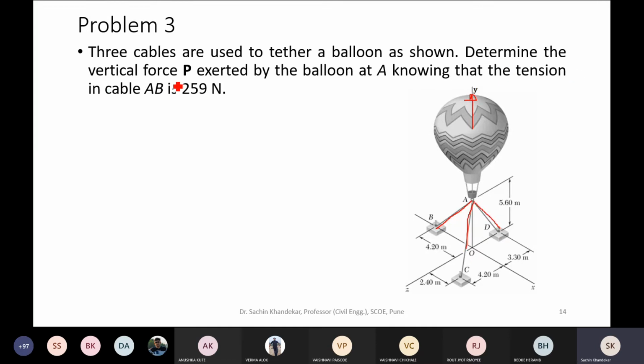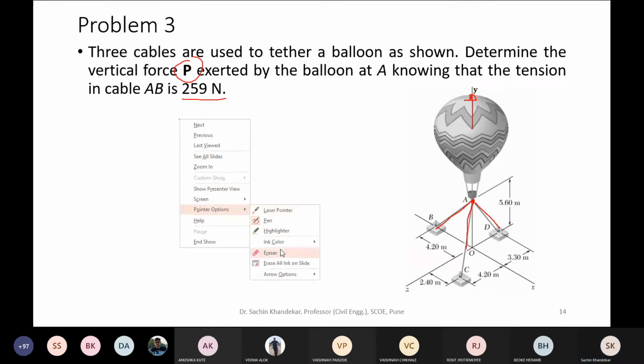Determine the vertical force P, capital P, exerted by the balloon at A, knowing that the tension in cable AB is 259 Newton.